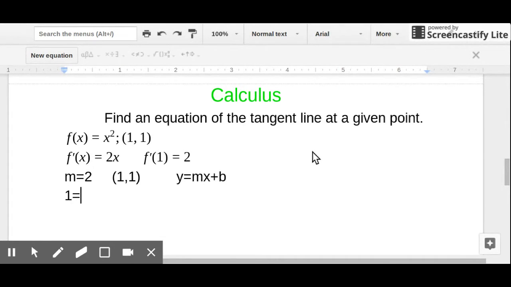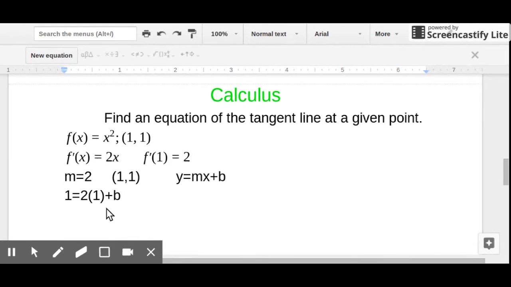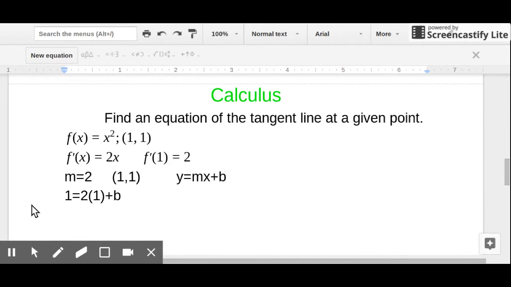So we have 1 as our y, our slope is 2, and our x, we'll put in parentheses, plus b. In this equation we've got to solve for b. Let's rewrite and simplify this down.